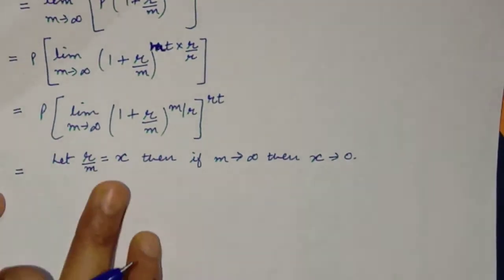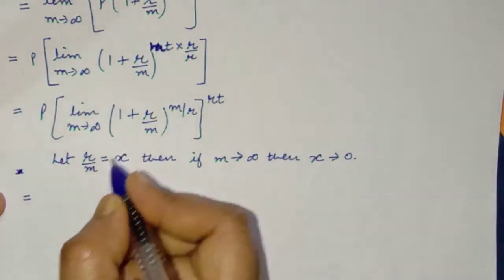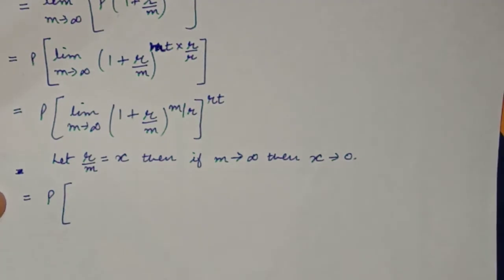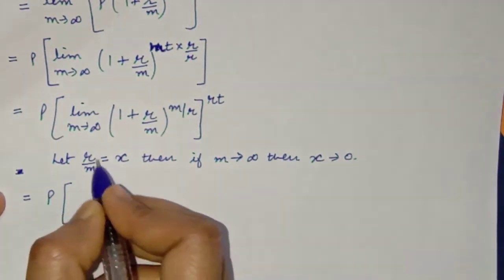So let me put the value of x in this equation. If we put the value in this equation, the value will be equal to P. Now the function will be written in terms of x because we will put the value.